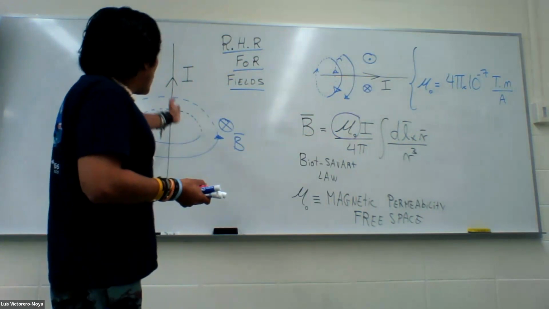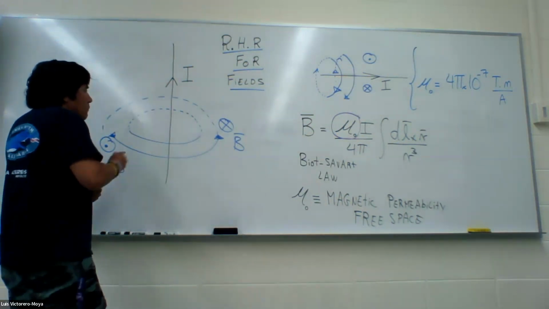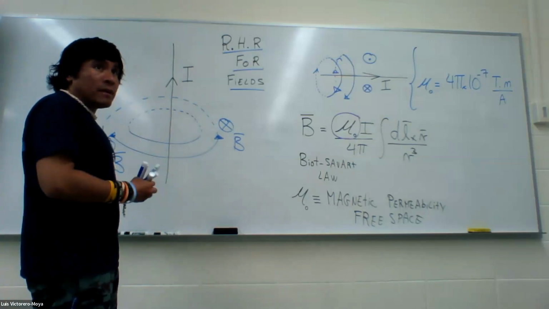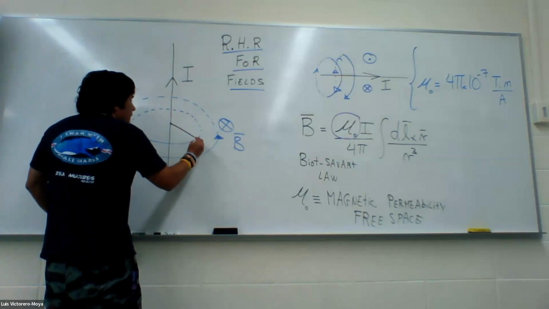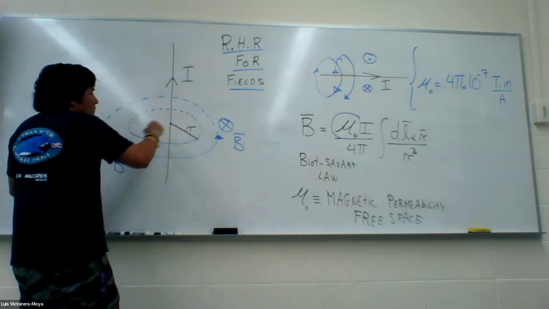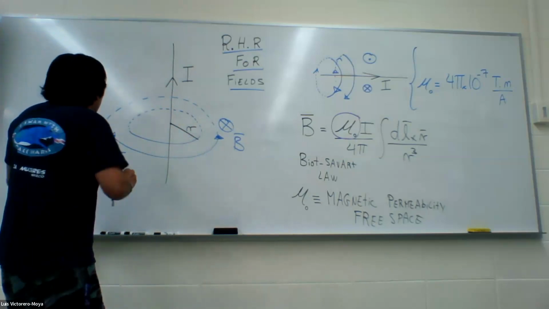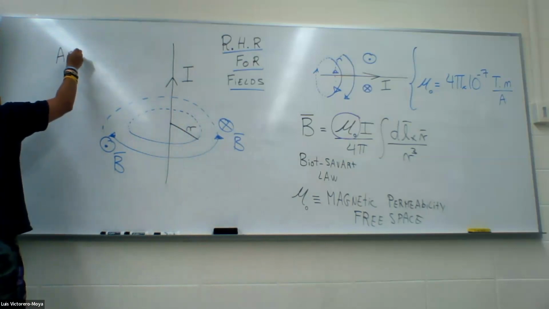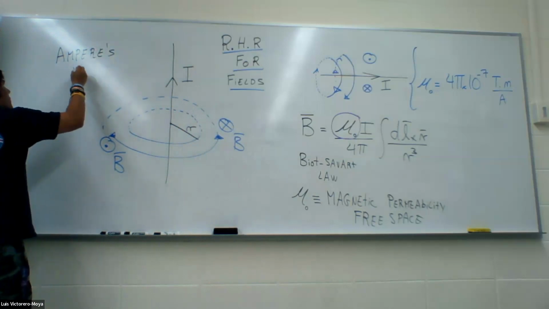In the case of a long conductor, because you see this circular shape, the circle is the perfect symmetrical shape. So we can find the magnetic field at some distance r. That's when we introduce Ampere's law.